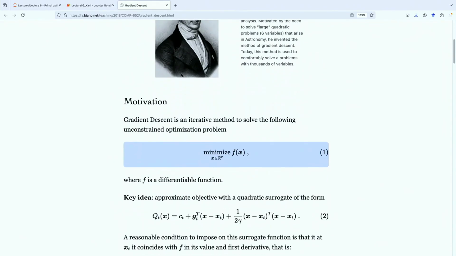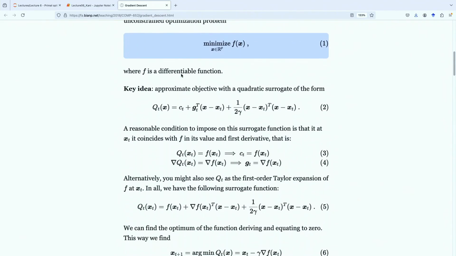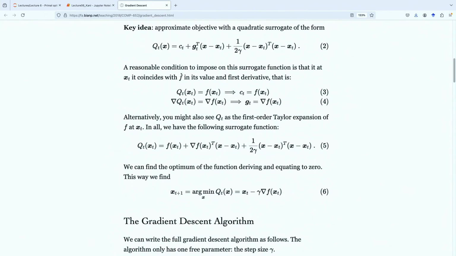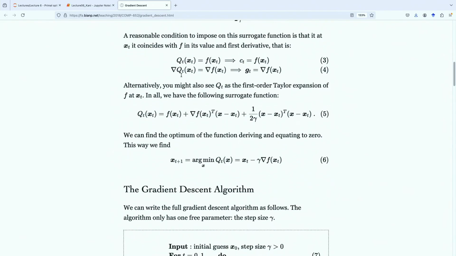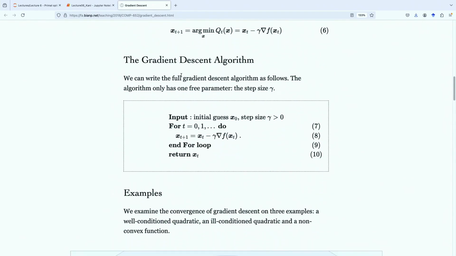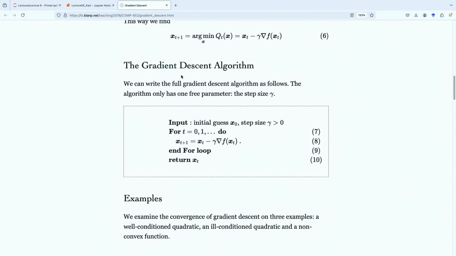But the important thing is that he has a nice little interactive tool for gradient descent. So we see our gradient descent algorithm here, namely we update x according to the previous value of x minus the learning rate times the descent direction, which is equal to simply the gradient of the function.